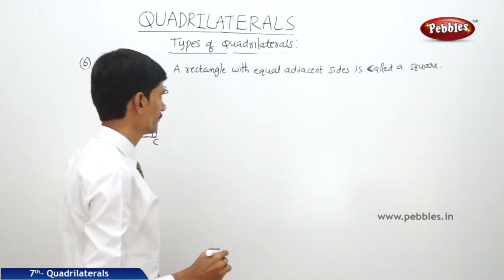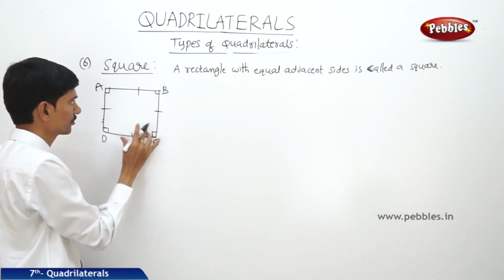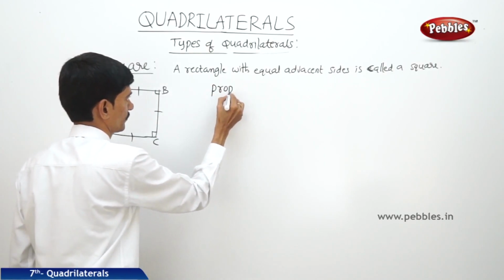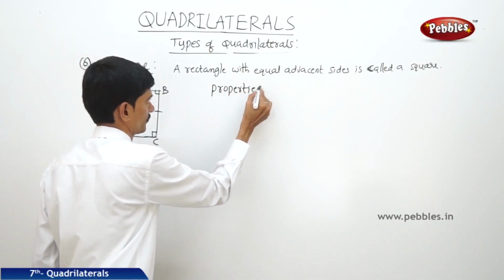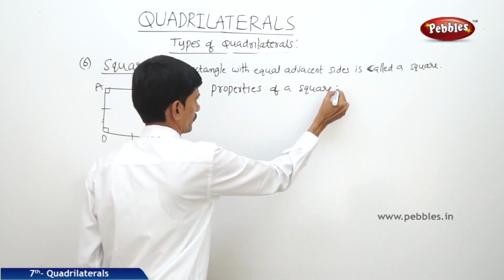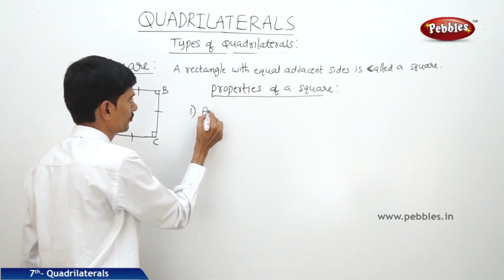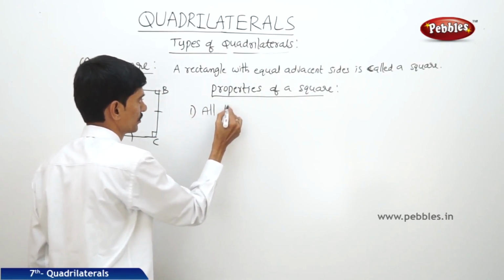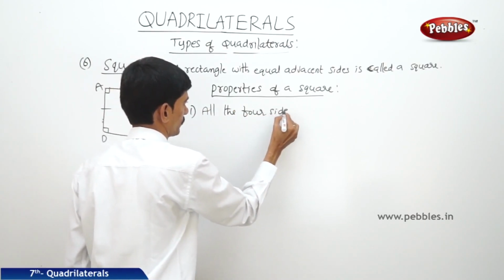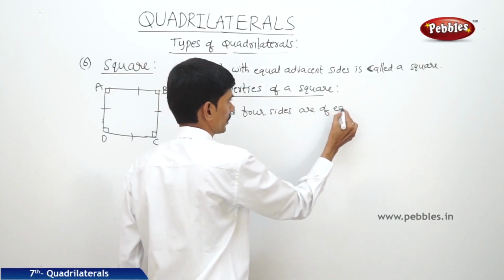Now the properties of square. So all the four sides will be equal and four angles will be right angles. So the first property, all the four sides are of equal length.